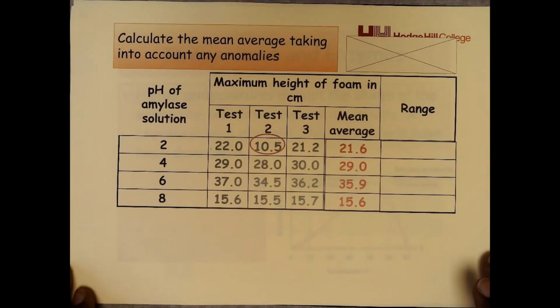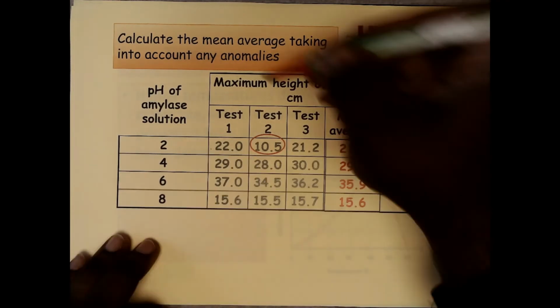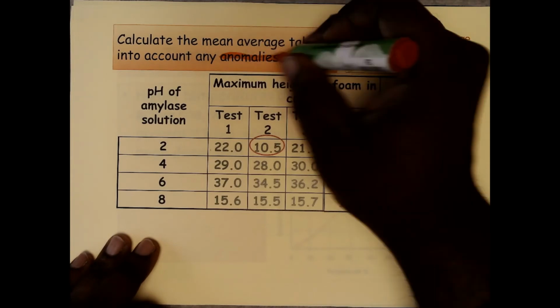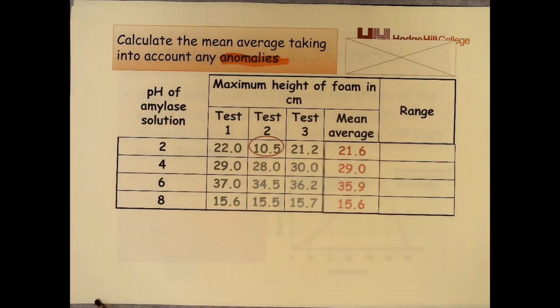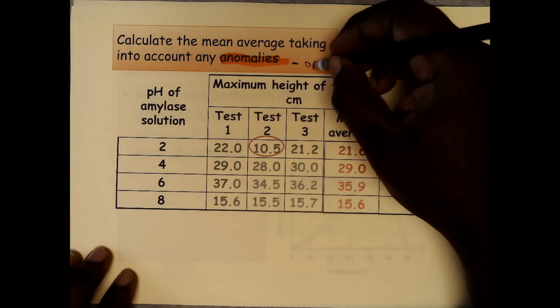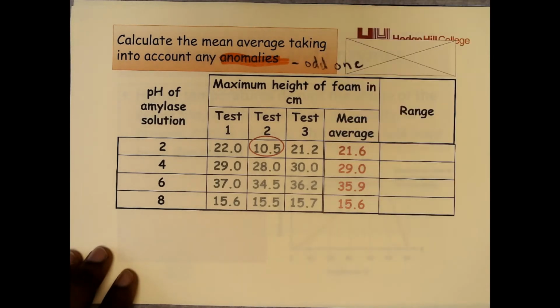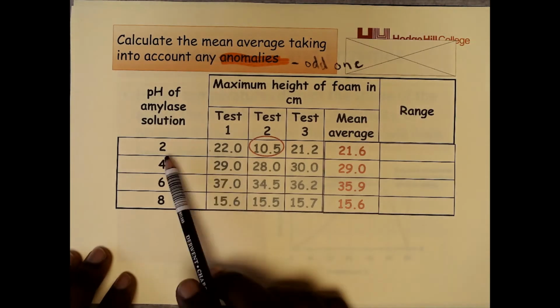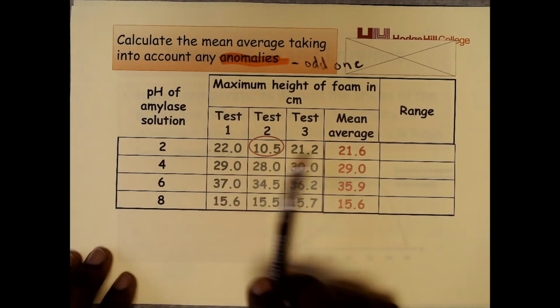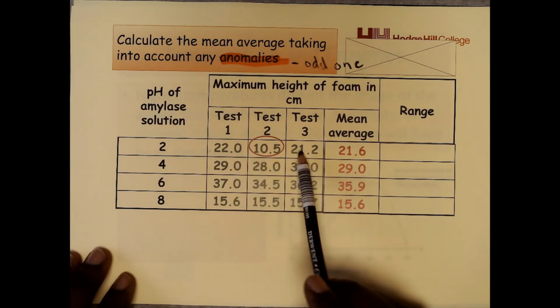When it comes down to your results, we have to make some analysis. And you will come across the terminology anomalies. Anomalies usually mean the odd one. So if we, for instance, look at this line of results, we have 22.0, 10.5, and 21.2.